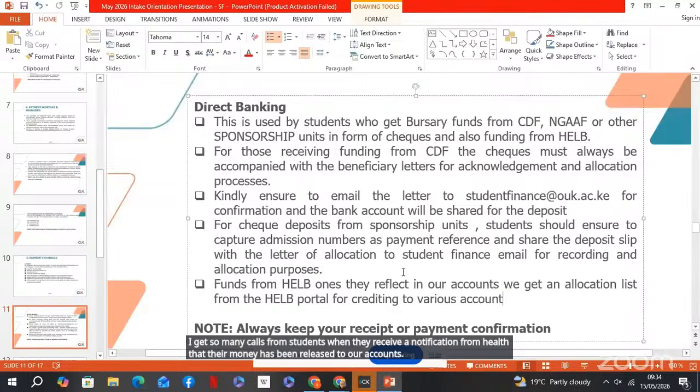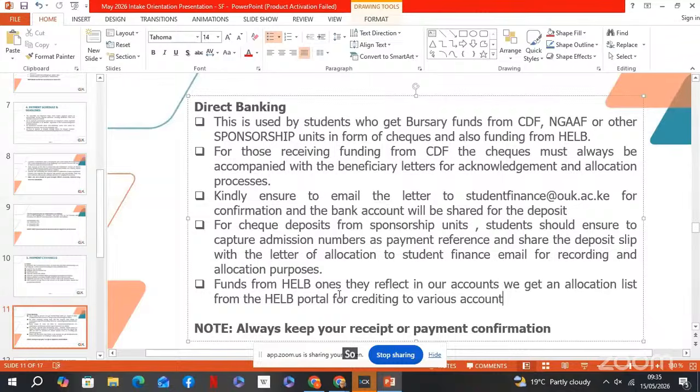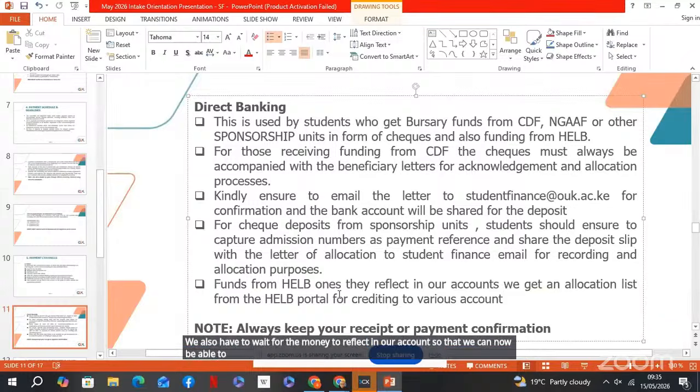Kindly note that sometimes it may take a while for the money to reflect in our account due to the banking processes. So note that when you receive these notifications, we don't credit your account immediately. We also have to wait for the money to reflect in our account so that we can now be able to credit your account. So it might take a while. So for that, it's good to note.